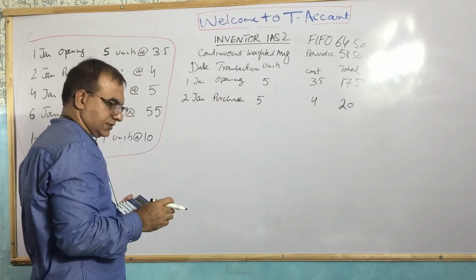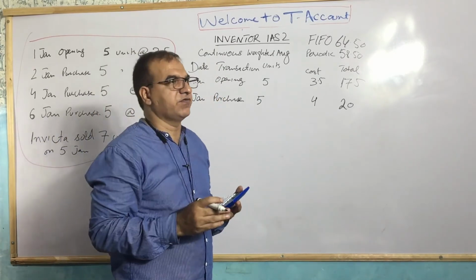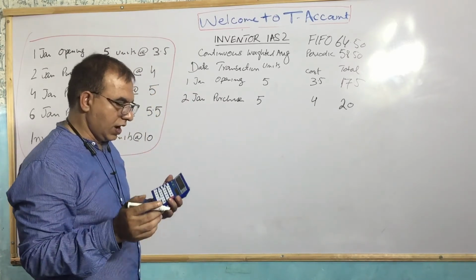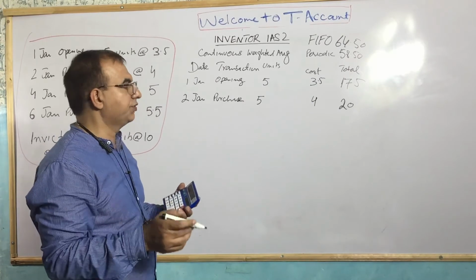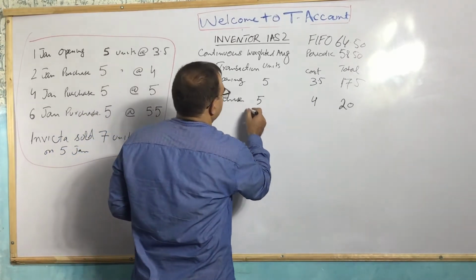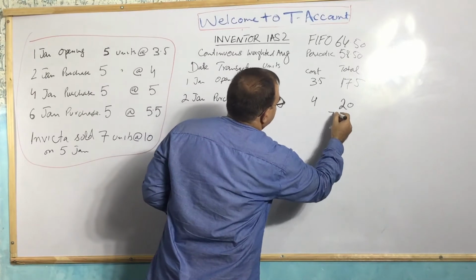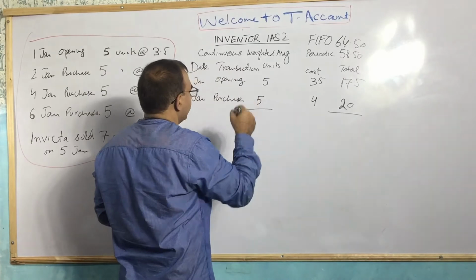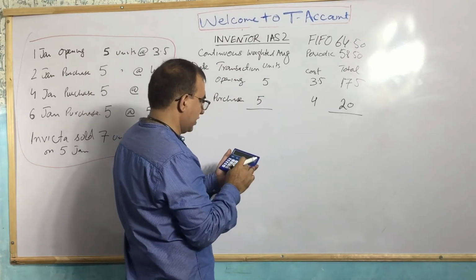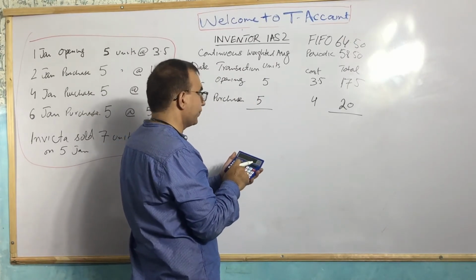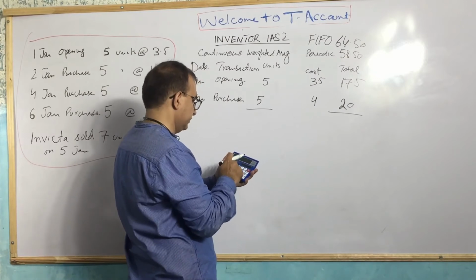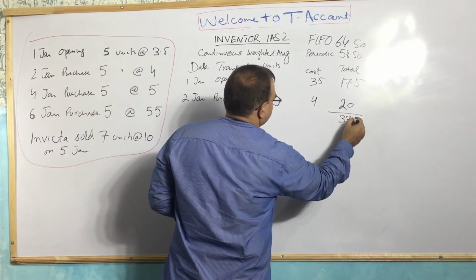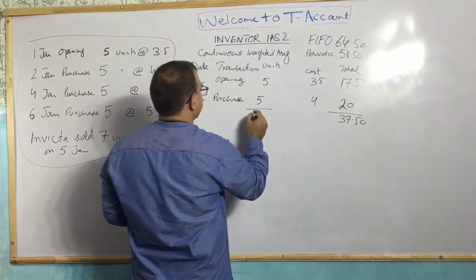Okay, now we said in this continuous average, after each transaction you will have to update the per unit rate. For that, after each transaction you will add these two: total value and the number of units. How much is total value? 20 plus 17.5, 37.5, and units 10.